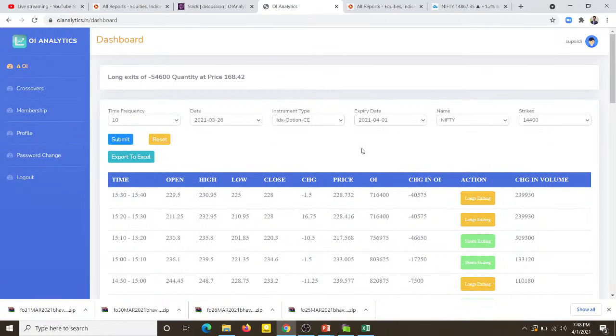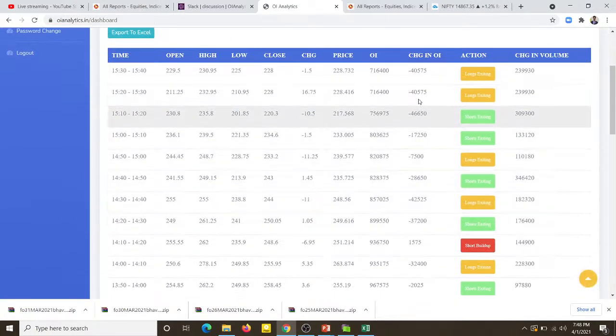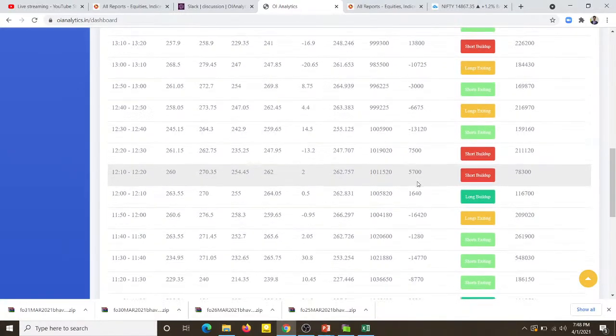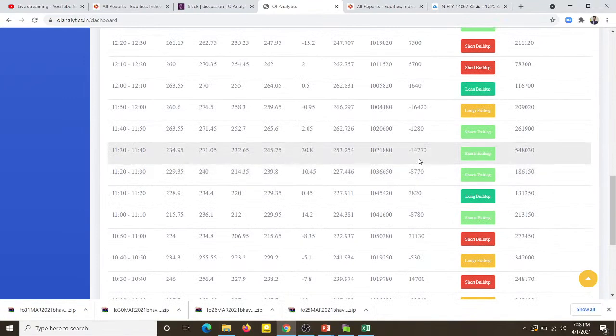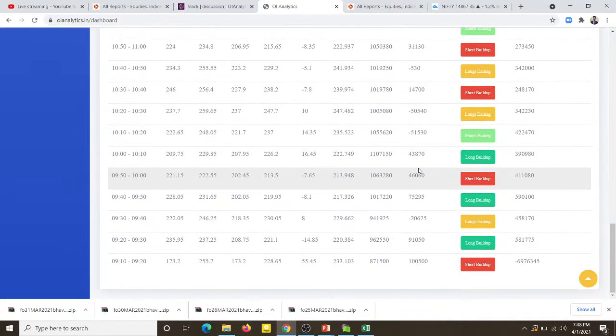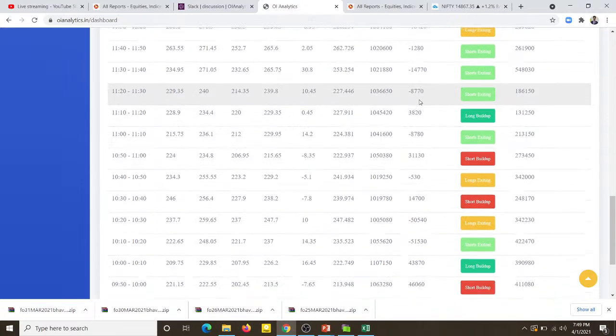Fine. On 14,400 call there have been exits, as you can see, continuous exits here, correct? Even from the opening, and even here 100,000 and here 20,000. So if you take 20, 70, 120, we don't take petty ones, we only take the big ones, right?